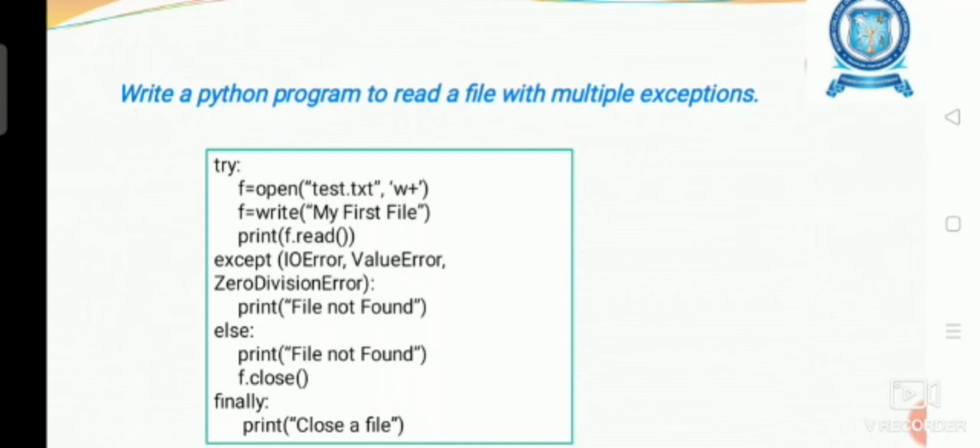Else, if the process mentioned in the try block has not been processed due to some other errors other than the exceptions we have mentioned in the except statement, the statement present in the else block will be executed. And finally we are closing the file, and in the finally statement we have one simple statement, closing a file.